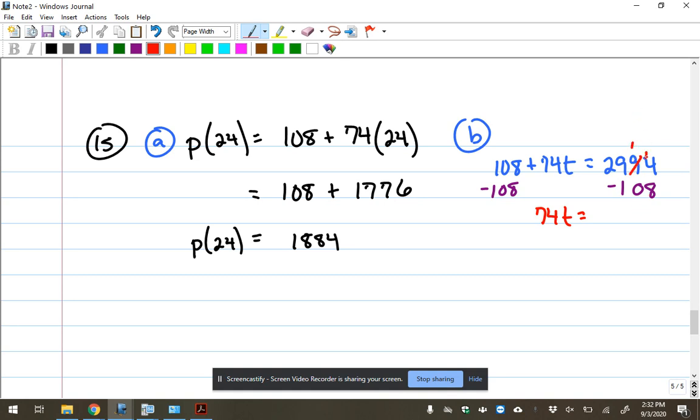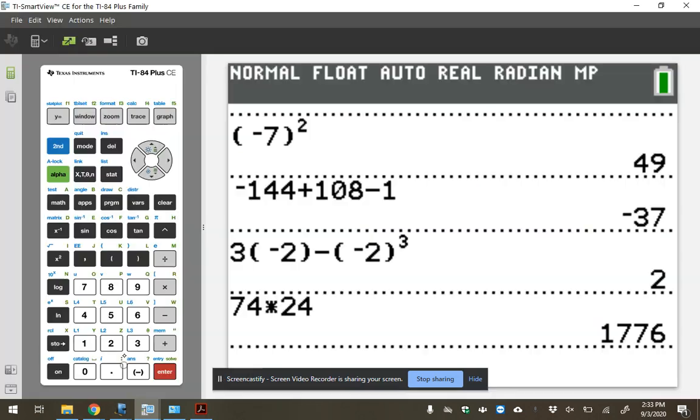So, subtract 108, and then divide that by 74. You get 2886 when you subtract 108. 2886.